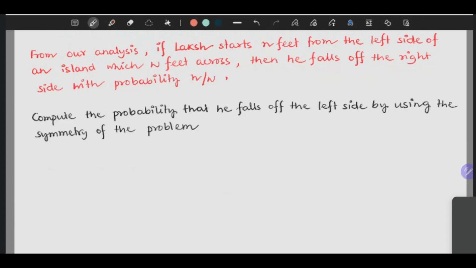If you see the symmetry of the problem, if it is starting at a position n, then he will fall off with the same probability as if it starts at position W minus n, which will be (W minus n) by W.